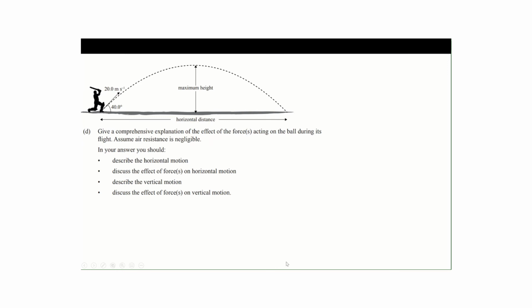The last part is a descriptive part. So in your answer you should describe horizontal motion, the effect of the forces on the horizontal motion, describe the vertical motion and discuss the effect of the forces on the vertical motion. For this we need to remember what forces are acting.